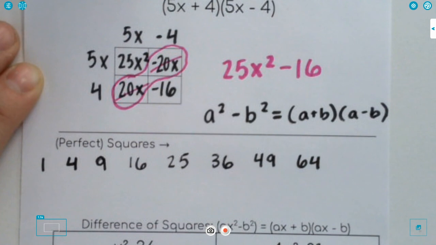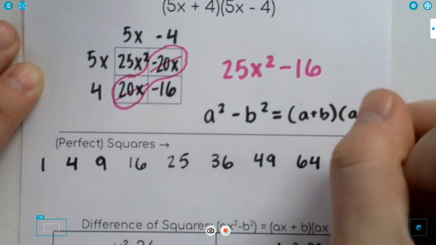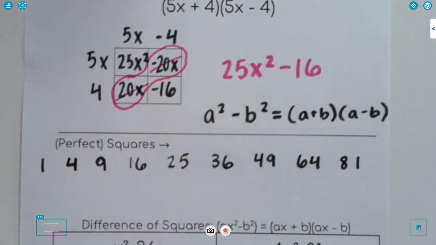And 9 times 9 is 81. I'm going to keep going up to 15.